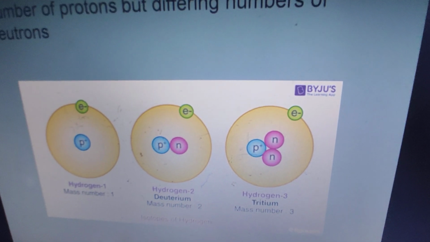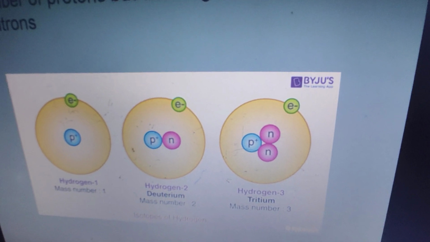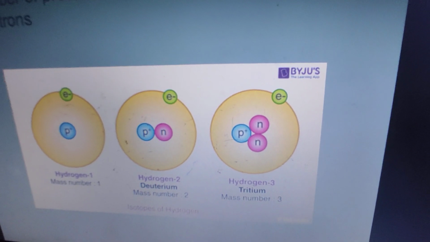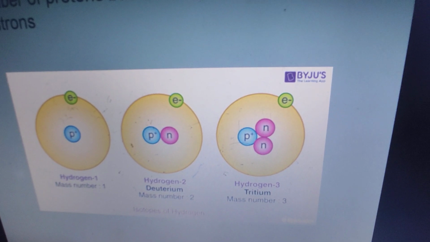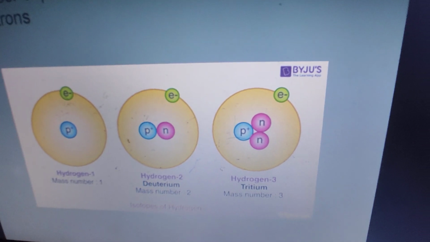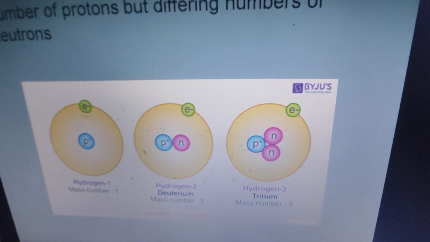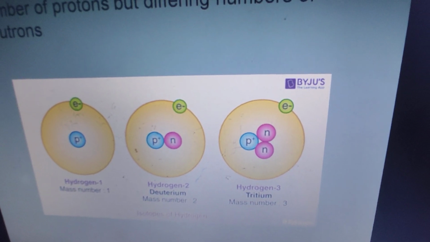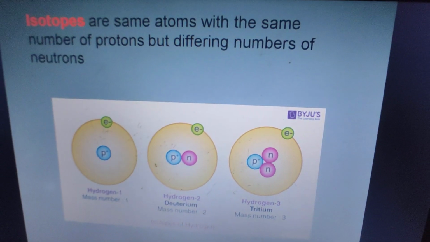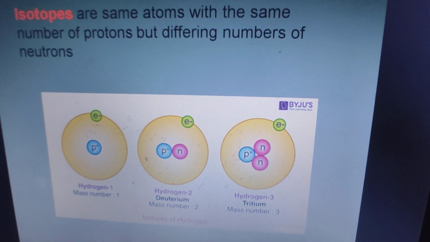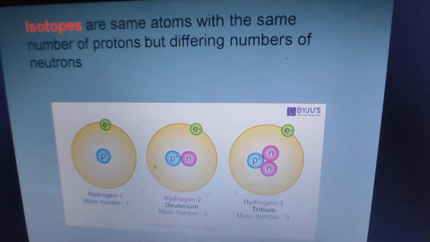So in case of H1 there is no neutron, in case of H2 there is 1 neutron, in case of H3 there are 2 neutrons. So all are possessing the same proton number, so same electron number, but there is a difference in number of neutrons. These type of atoms, nuclides, we call as what? Isotopes. So isotopes are atoms which have the same proton number but different number of neutrons.